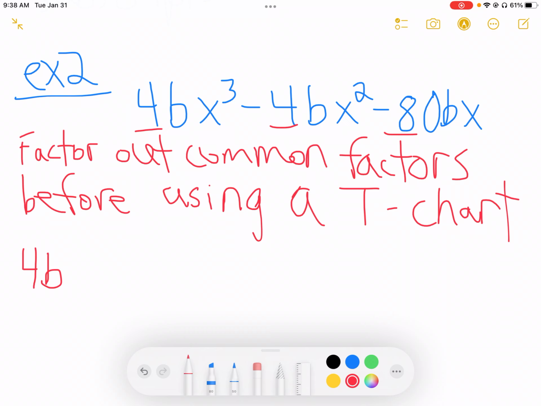And then what about my X? Well, X cubed, X squared, and then X. So everything doesn't have X cubed, everything doesn't have X squared, but everything has X. So I can say 4bx. Okay, and then I can write it like this.